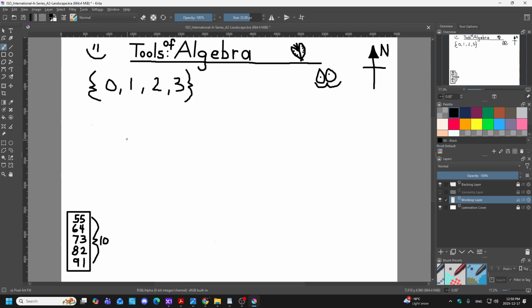Here's the equation: 8m minus 7 equals 17. I'm not going to formulate a table, rows and columns, for this.